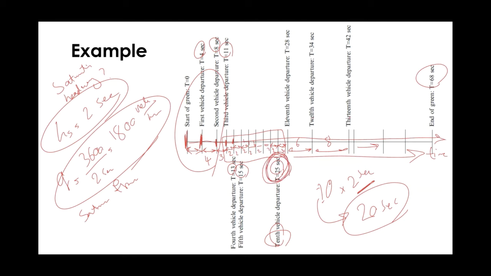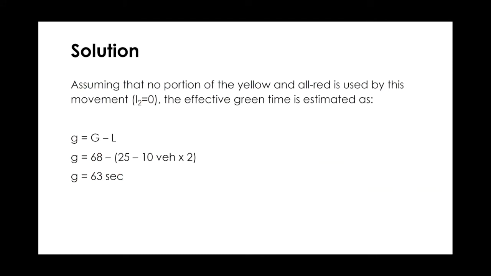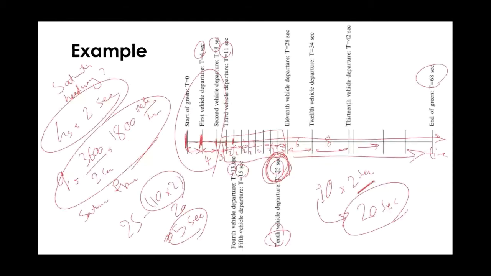So there are 5 seconds of lost time here. This 25 minus 10 multiplied by 2, which is 20, gives me the 5 seconds of lost time. So that's my lost time.